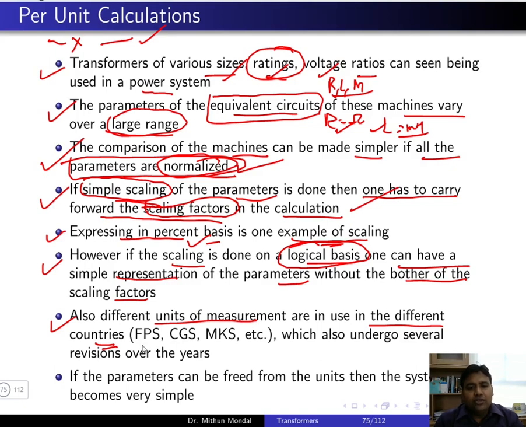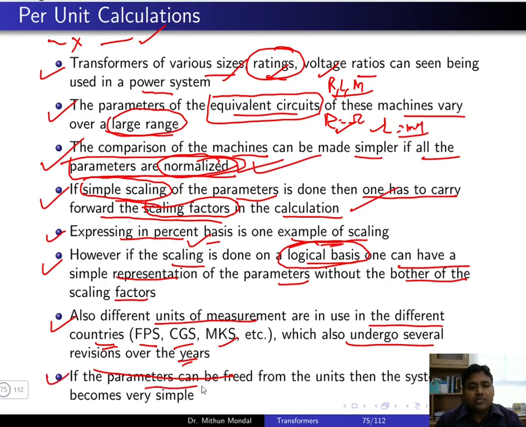So generally you adopt different measurement standards like FPS, CGS system, MKS system and so on, which also undergo several revisions over the years. So over the years, different countries have adopted different methods or standards for the measurement. So in order to bring uniformity, some normalization technique is required.